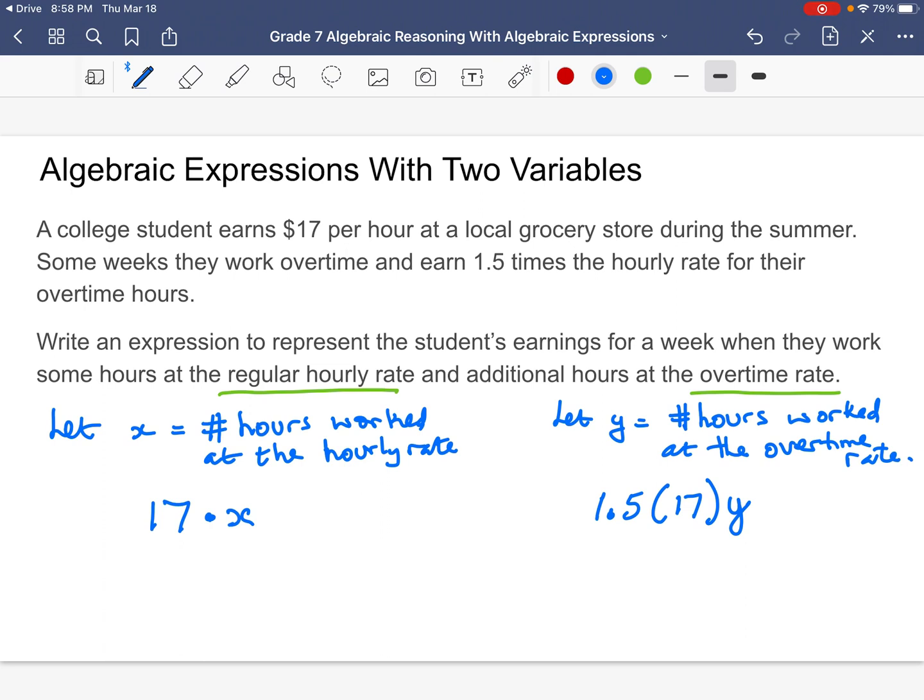So their total earnings for the week would be 17x plus 1.5 times 17, and I'm going to multiply the y times 17 here. So 1.5 times 17y.